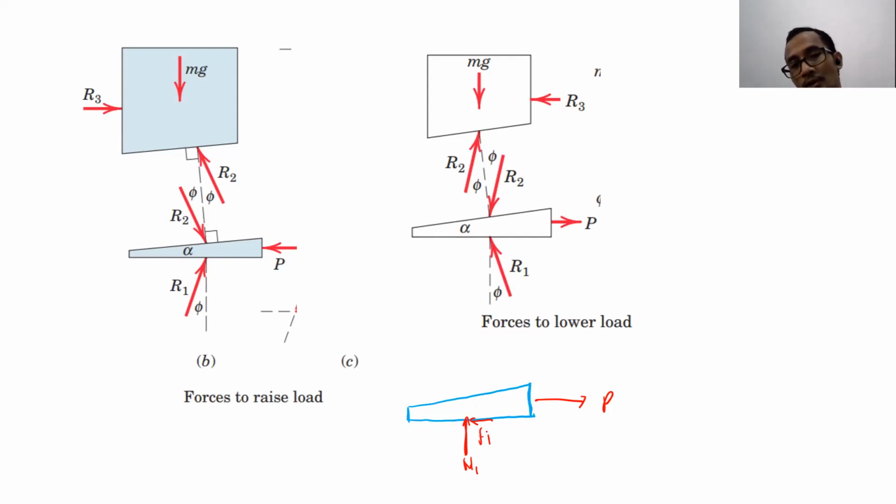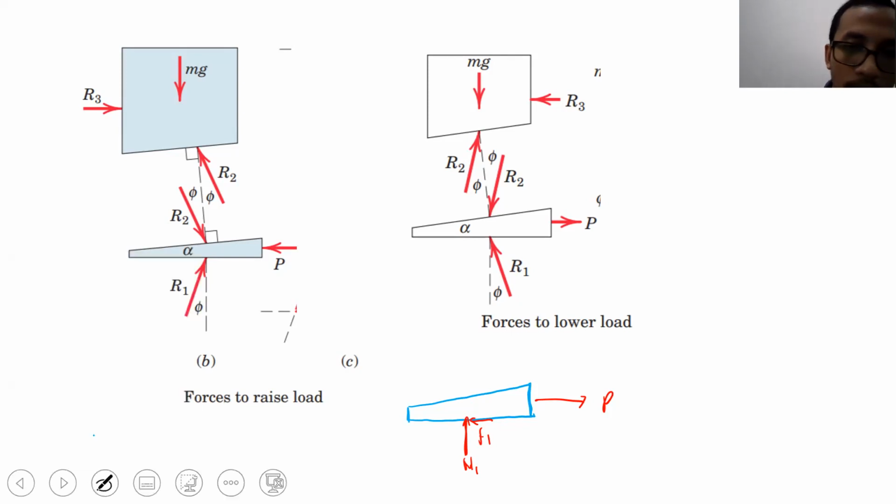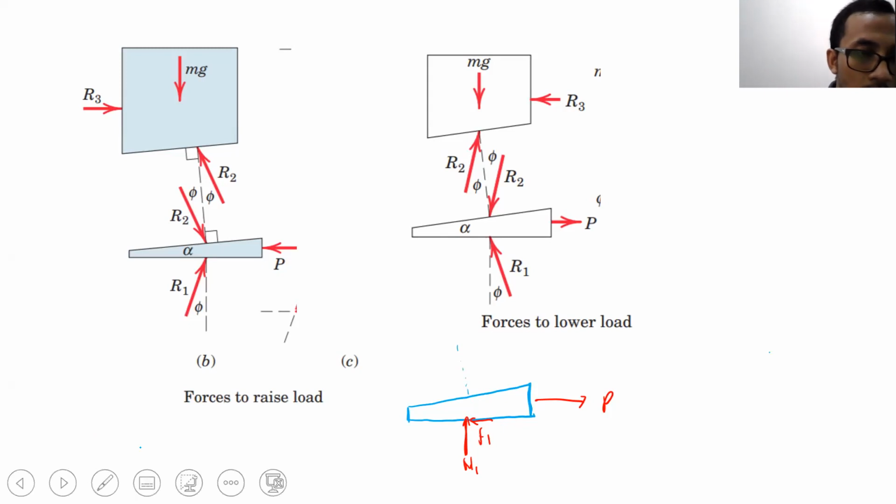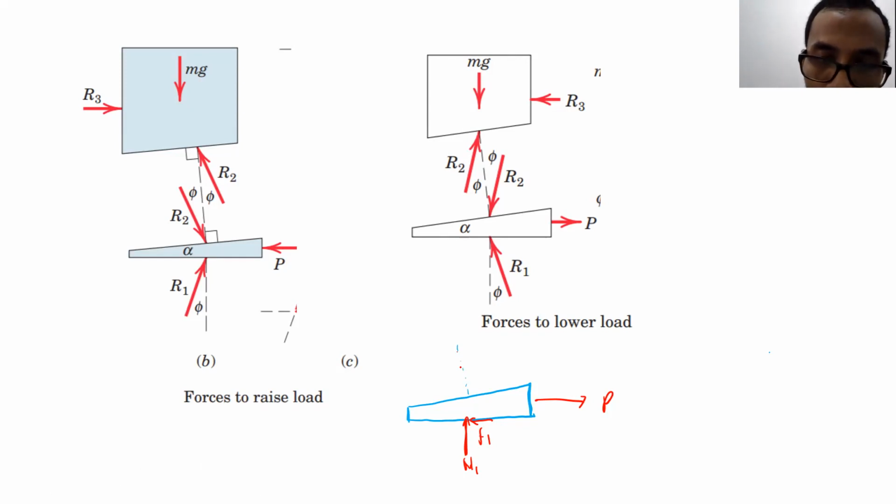Because the pulling force is going to the right. Then beside that, we have a normal force as well, like this, and then the friction force is going to the left as well.